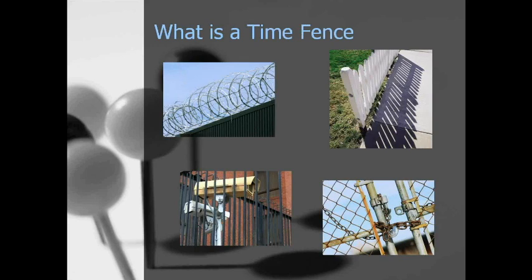So let's talk about this concept of time fences. I especially like the graphic in the upper left-hand side: barbed wire, razor wire, concertina wire. It really is the concept that most master schedulers would like to do to their master production schedule: keep everybody's hands off it once they have created it.